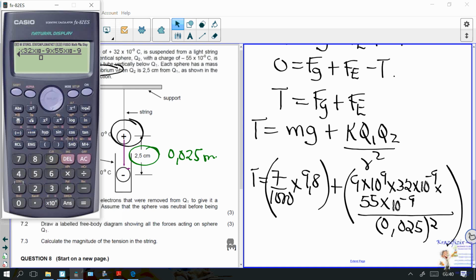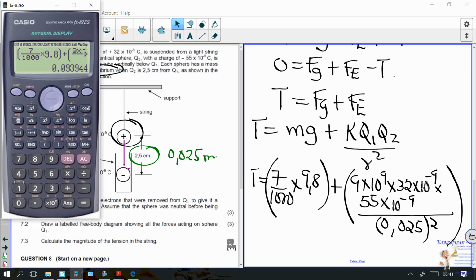All right, and what do we have? 0,025 squared. And then can we close the bracket? And final answer, 0,0939. That is the value of our tension.